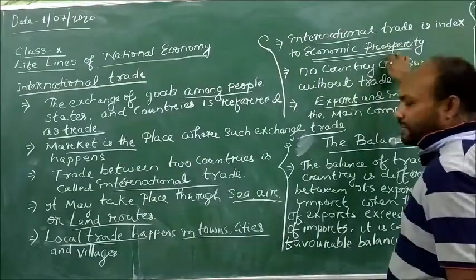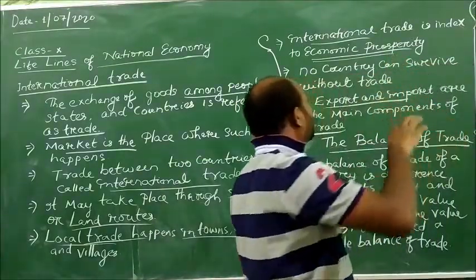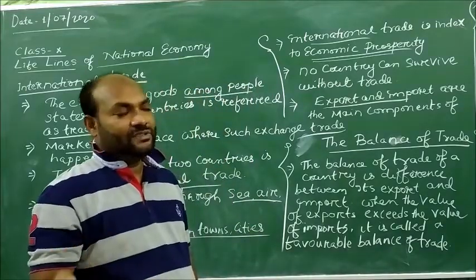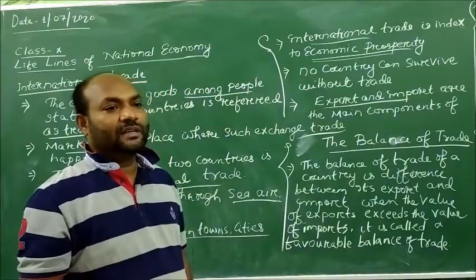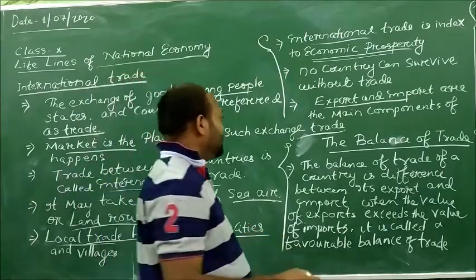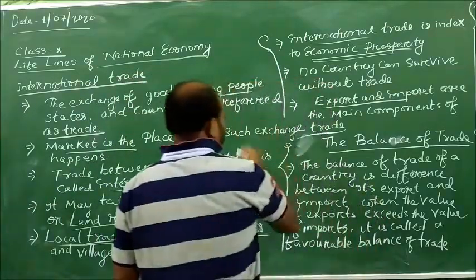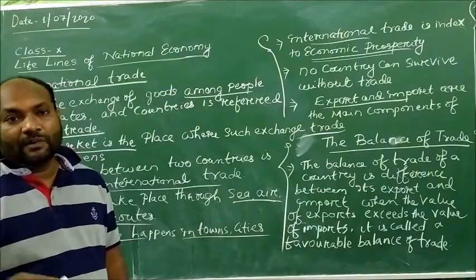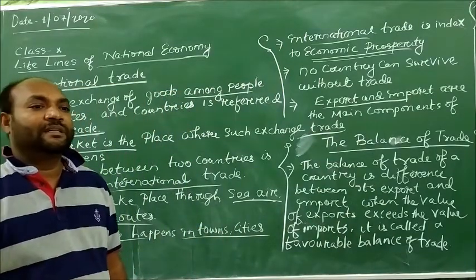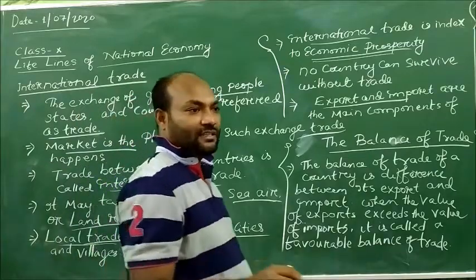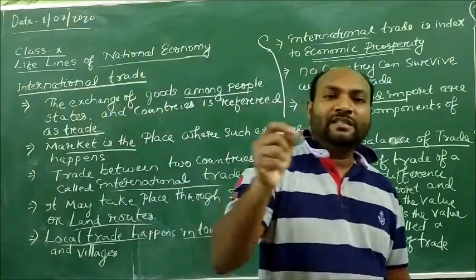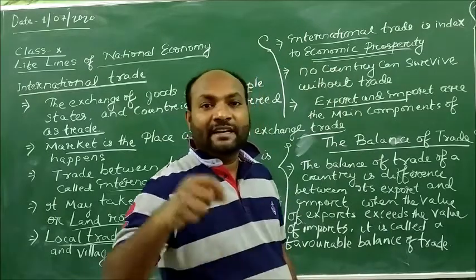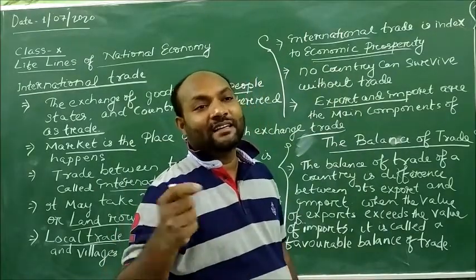So children, as we are talking about international trade, international trade is very important here, because according to the criteria of the WTO, the World Trade Organization, it's very important for all countries to have trade relations with each other. According to the terms and conditions of the WTO, we need to have trade relations with another country.